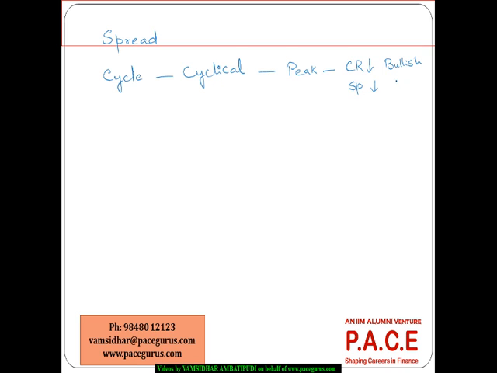But at the trough of the credit cycle, there is a deterioration in the credit, which could result in the credit risk going up and the spread also going up. So understand where in the credit cycle the situation is today.